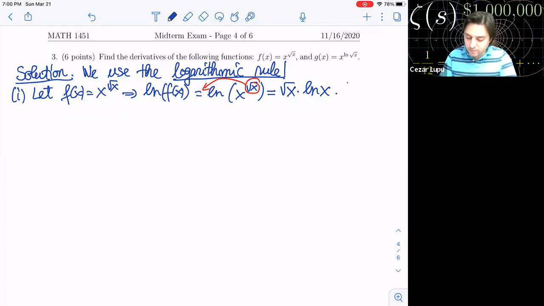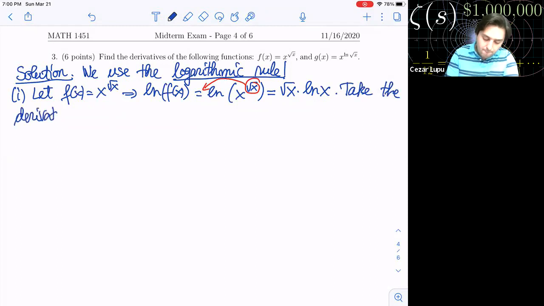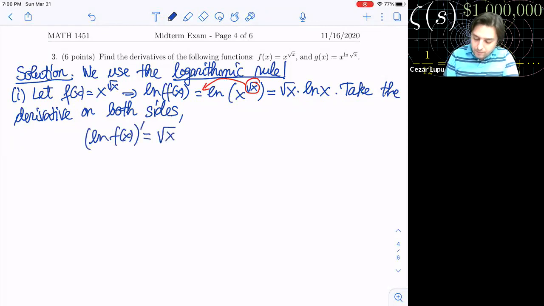Now we take the derivative on both sides. And we have that ln of f of x, prime, is the same as square root of x times ln of x, everything prime.